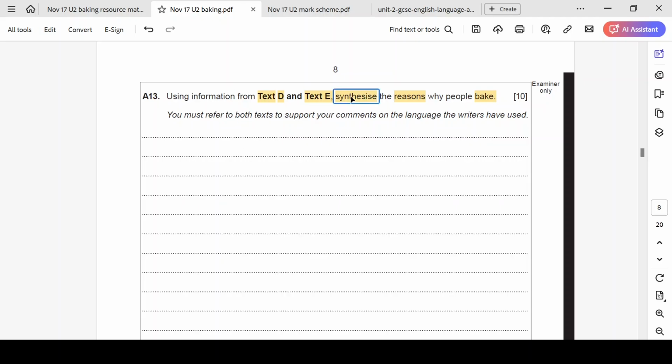So synthesize actually in my vocabulary means to blend things together to create something new. And that sort of implies that you need to compare in a synthesis question, but you do not. You do not need to compare. In fact, I would say avoid it like the plague. There will always be a compare question on one of the 2 exam papers.